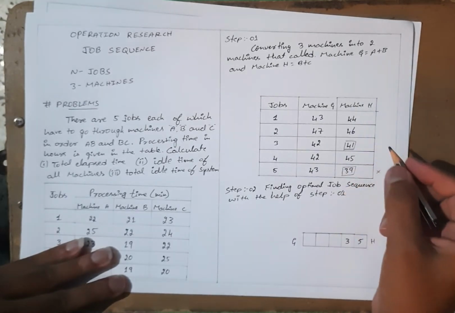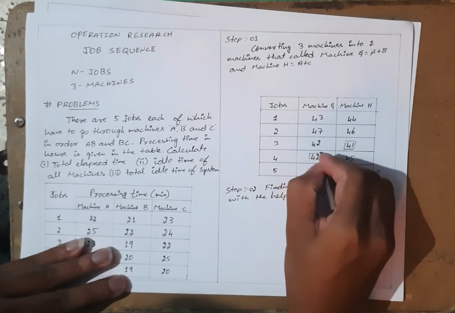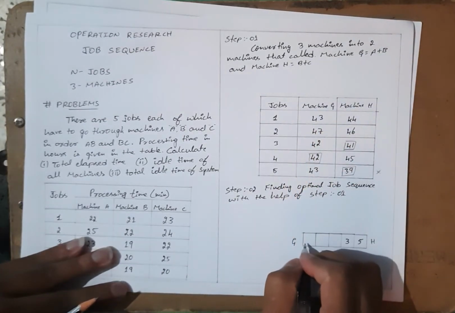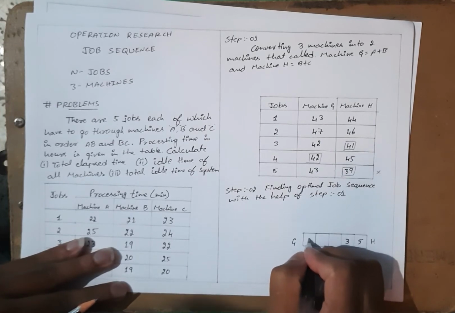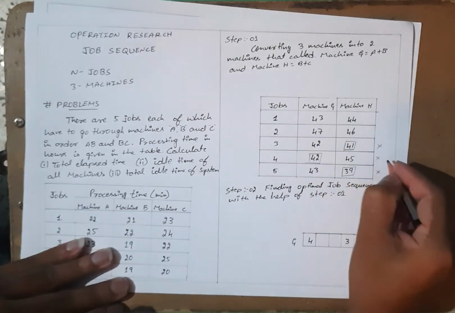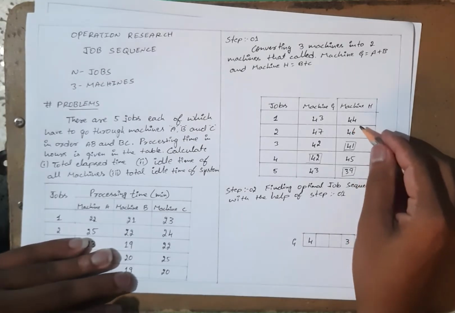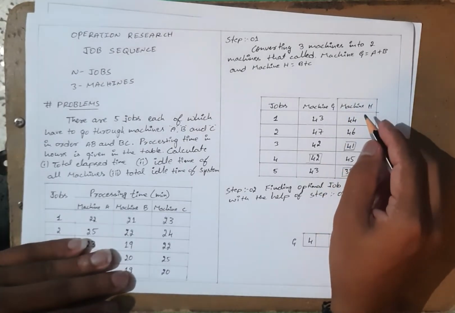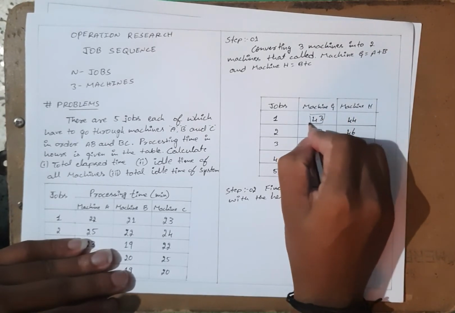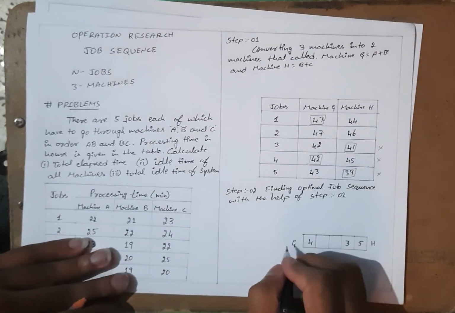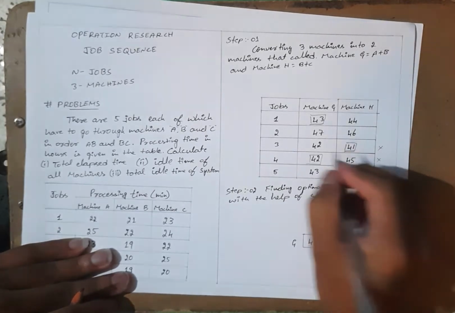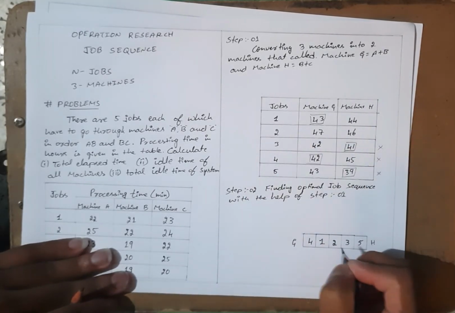Next, 42. We find that value in machine G, so we write it from the left hand side, job number 4. Job 3 is done, job 4 is done. Two jobs remain, and between them the least value is 43 in machine G, so we write job number 1 from the left, and the remaining one is job number 2, written as it is.